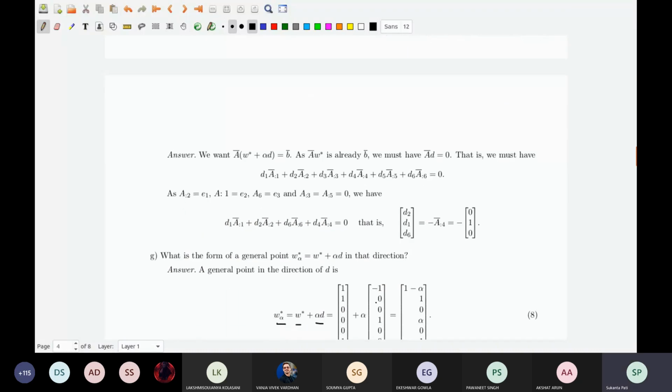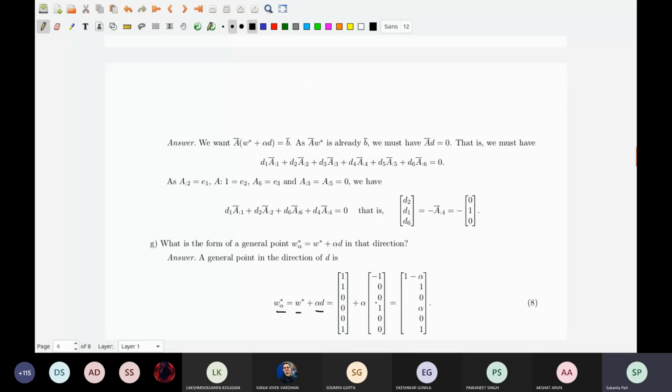And this is a general point in that direction. This is coming from the restriction that A bar W star alpha has to be equal to B bar.